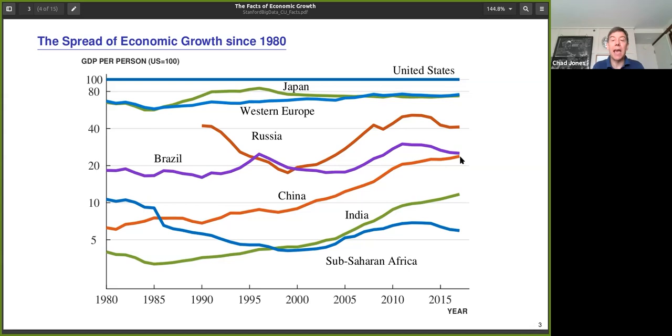So total aggregate GDP in China and the US, purchasing power parity adjusted, so using the same prices to compare them, they're about the same size right now. But on a per capita basis, China's 1/4 of the US. But going from 7 to 25% over the course of this 40-year period, that's what 7% growth per year does for you, right?